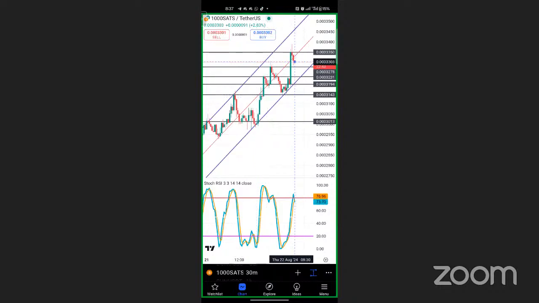So I would confidently say that if this coin has been resisted from this line, I expect it to come down to this line.